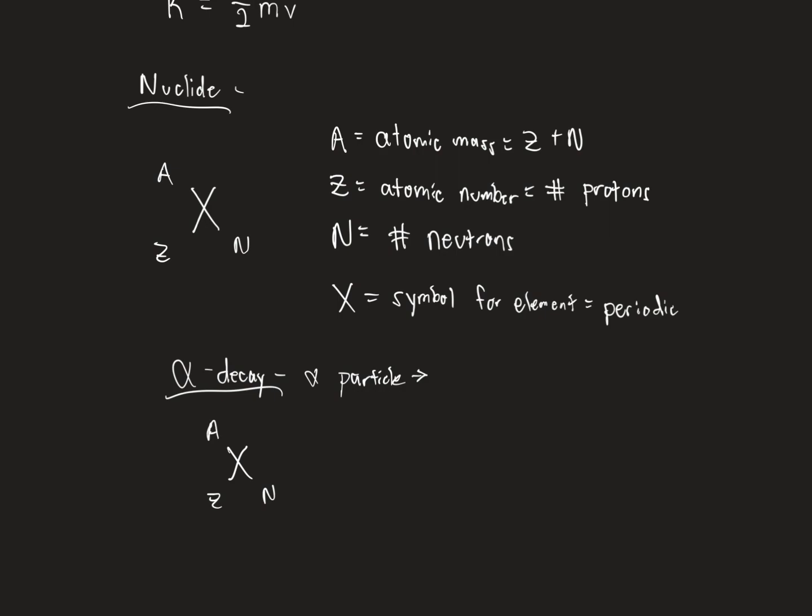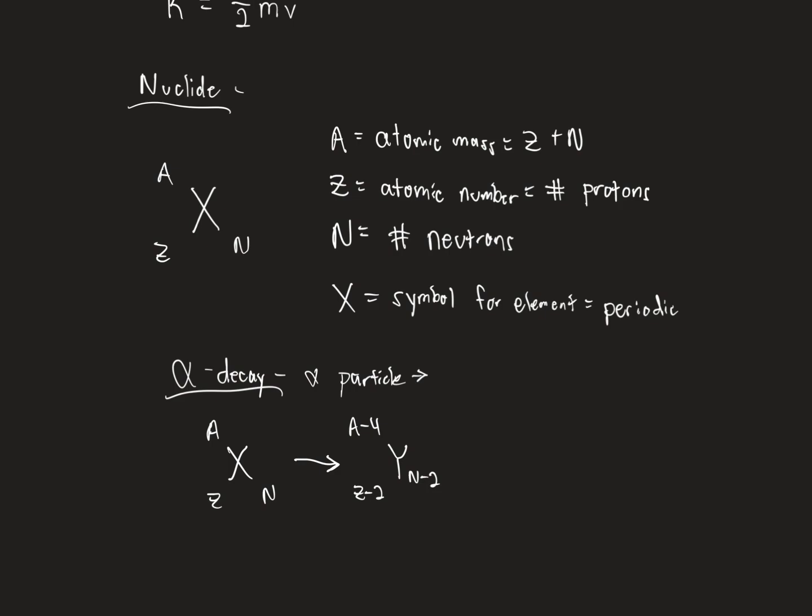And if carbon, or whatever X element, is going to go through alpha decay, it's going to turn into Y of N minus 2, Z minus 2, A minus 4. So Y is the new element that it becomes.